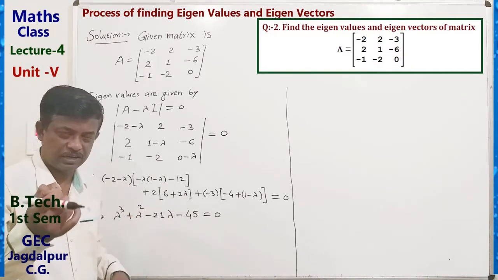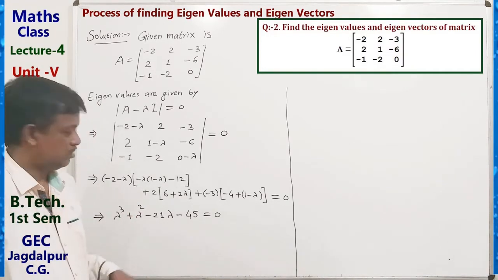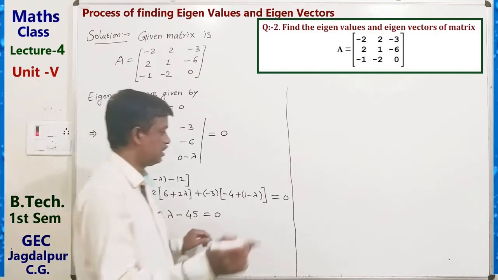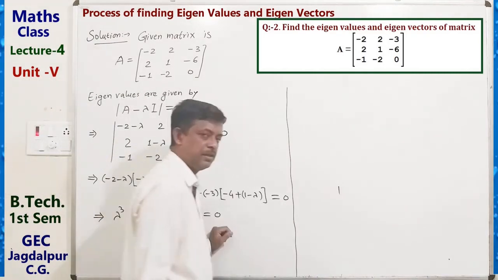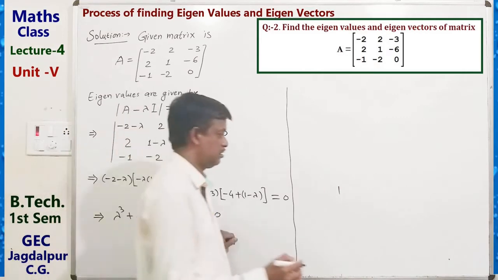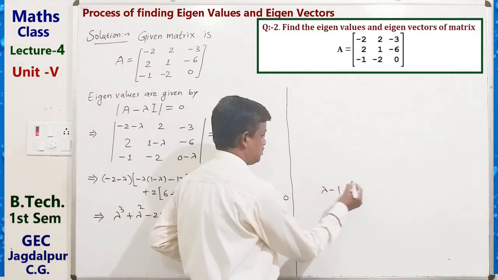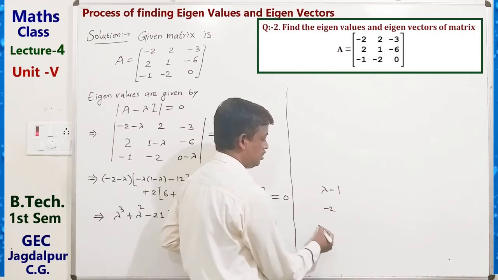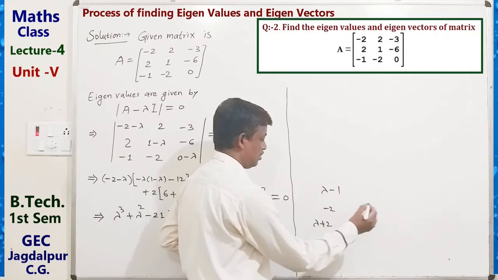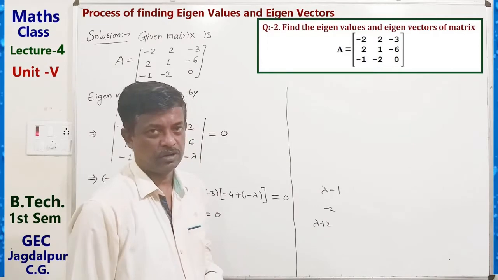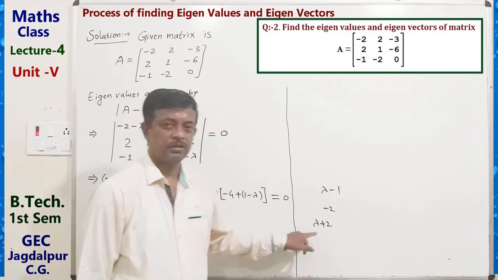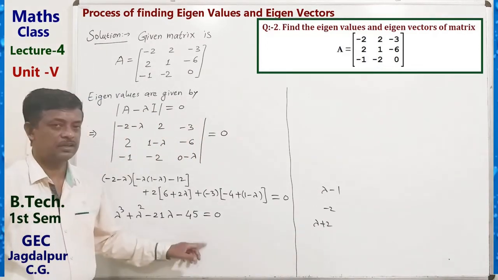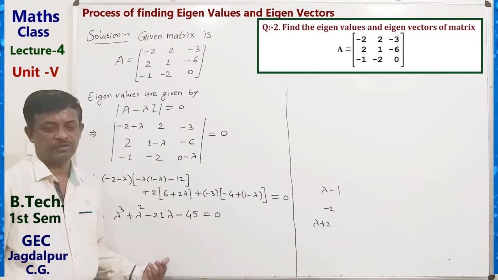If you can get a root, suppose we are getting root 1, then there will be a factor lambda minus 1. If we get root minus 2, then there will be a factor lambda plus 2. And just try to factorize this and get the values. Okay?